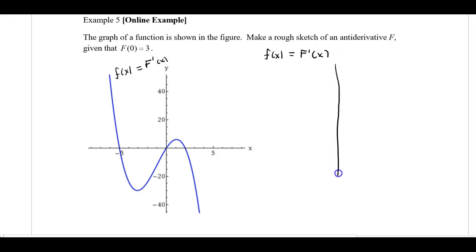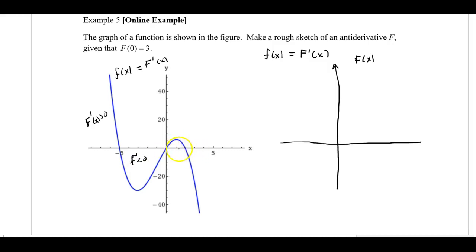All right, now the graph we want to sketch is capital F of x. What we can see here is that on this interval, capital F prime is greater than 0, and from -5 to 0, capital F prime is less than 0.